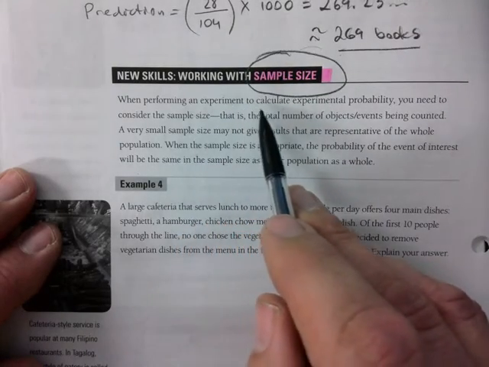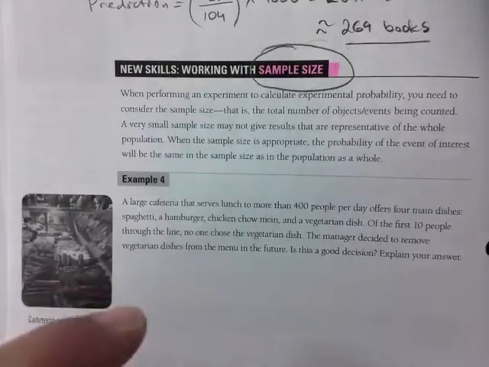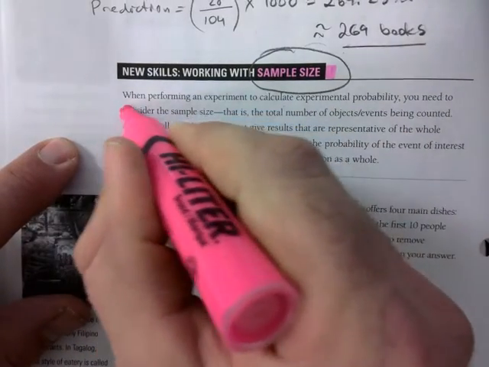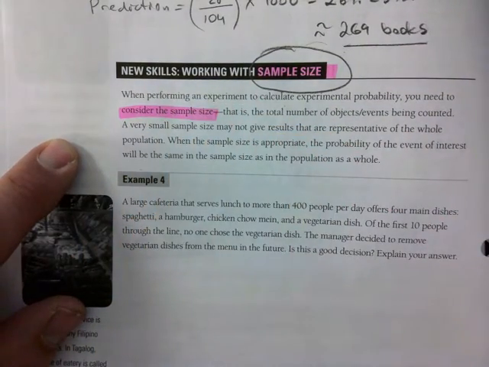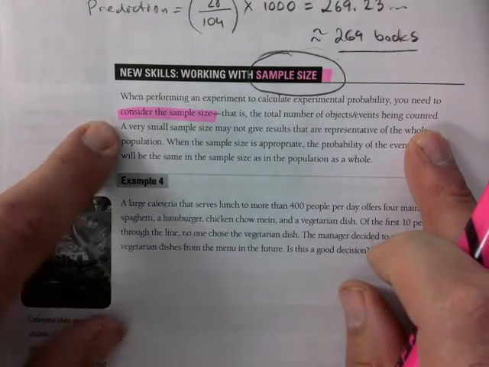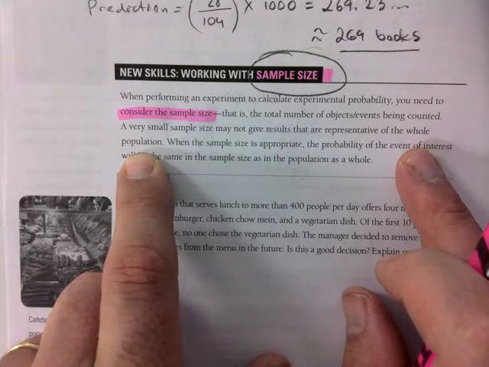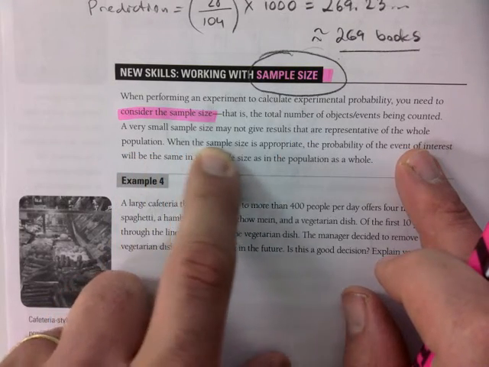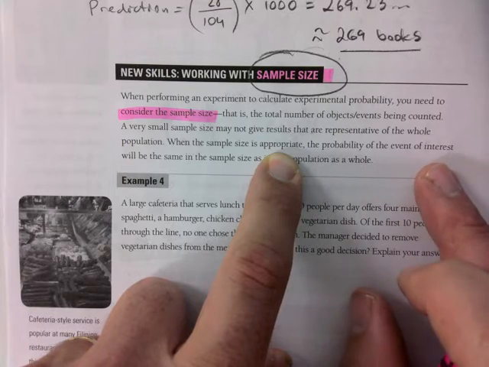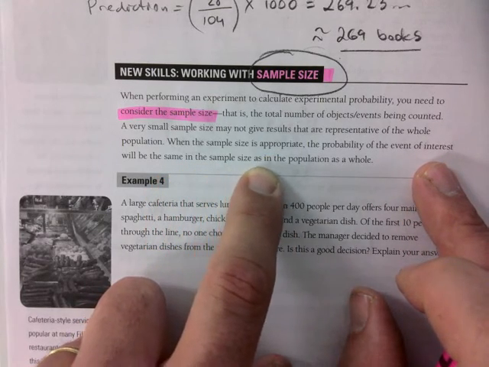When performing experiments to calculate experimental probability, you need to consider the sample size, right? You always need to consider the sample size. Total number of objects, events being counted. A small sample size may not give the results that are representative of the whole population. When the sample size is appropriate, the probability of the event of interest will be the same in the sample size as in the population as a whole.